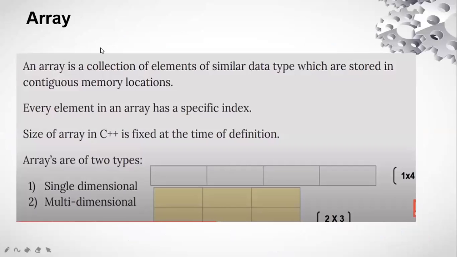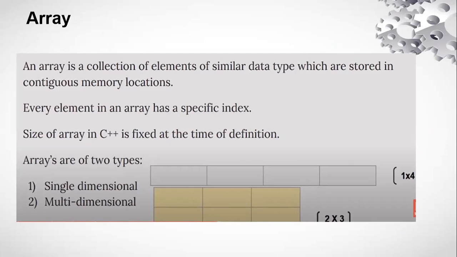Now, basically, what is an array? Till now, we have studied that whatever we are storing, whatever we are giving in a program is data, right? And that particular data has to be stored in a variable. We have studied variables, in which we store that data in a particular memory location.